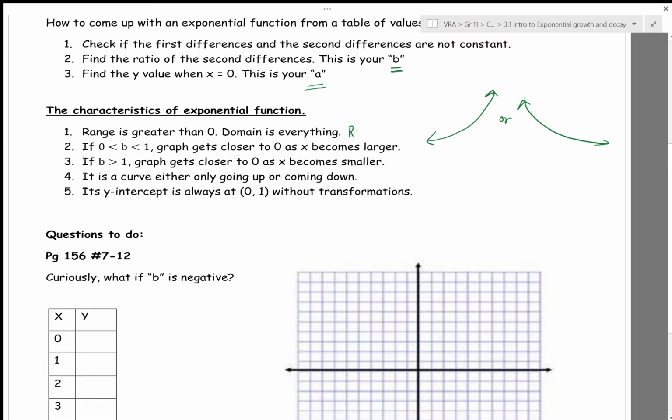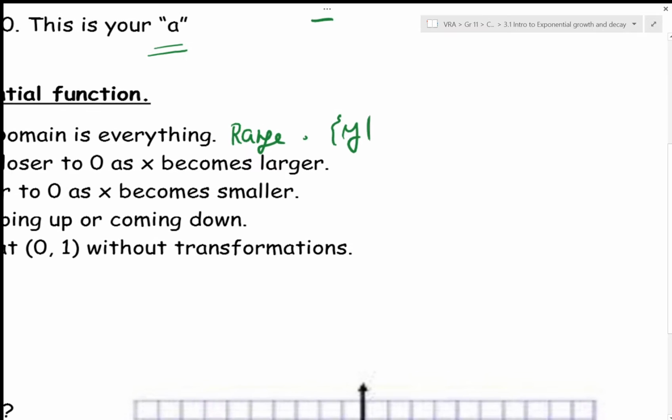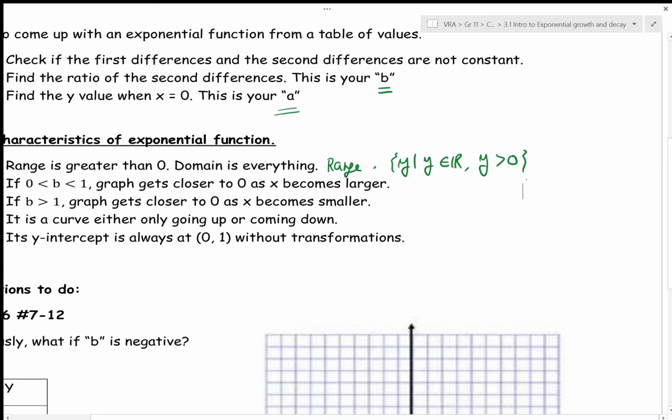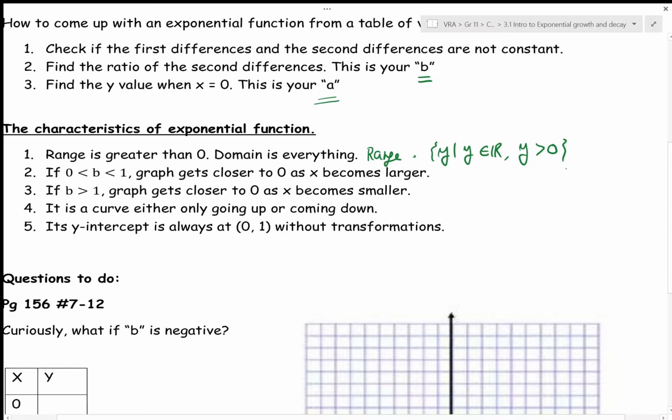The range has to be y such that y is an element of the real numbers, but y has to be greater than 0. Remember the graphs before? I told you that it gets closer to 0, but it never touches or crosses the 0. So y has to be everything greater than 0. That is my range for the exponential function.